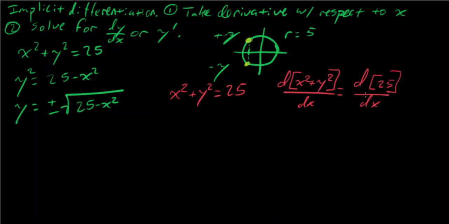But now, okay, what's the derivative of 25? That's just 0, so we could set that equal to 0. Derivative of a constant with respect to x, 0. But now I need to ask, what is the derivative with respect to x of x squared plus y squared? By our derivative rules, I can split that into two separate derivatives by their term.